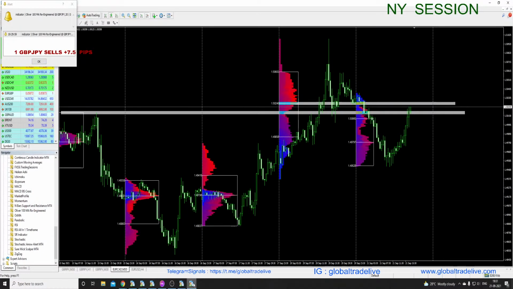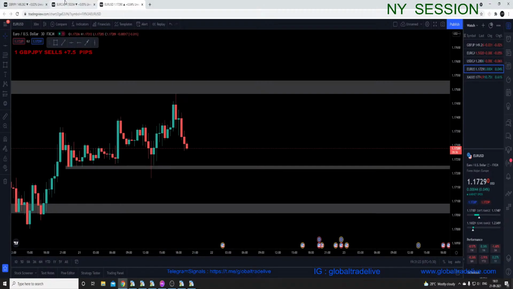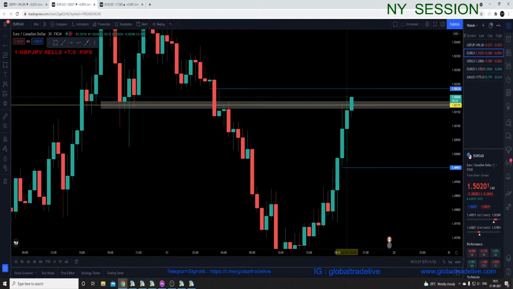Euro USD is also coming down. EuroCAD about to break the high over here. Oh, it's about to break the high now. It just broke the high of the previous candle.